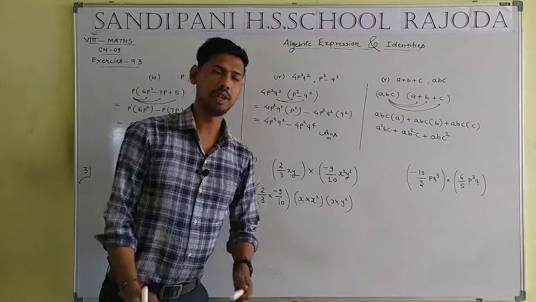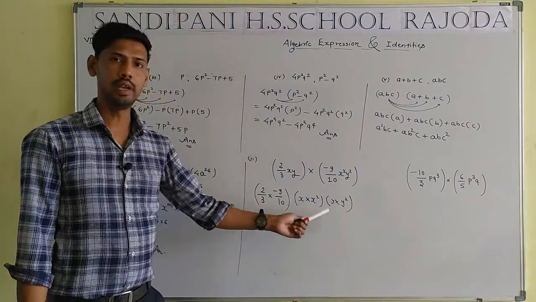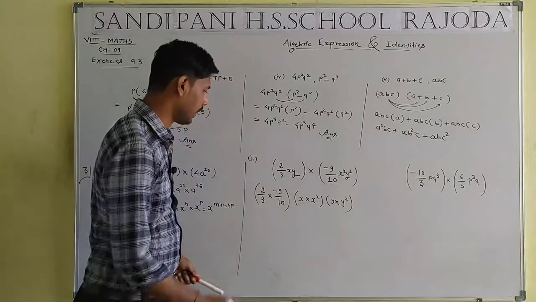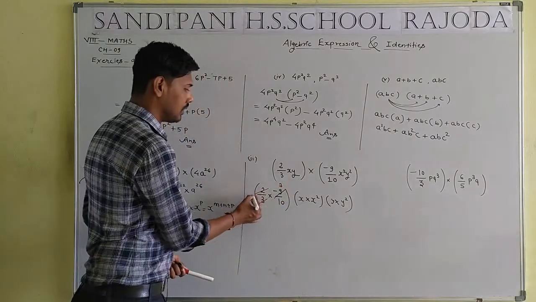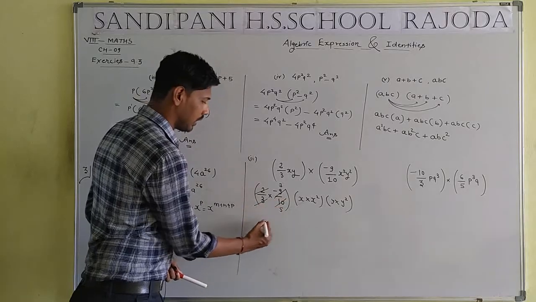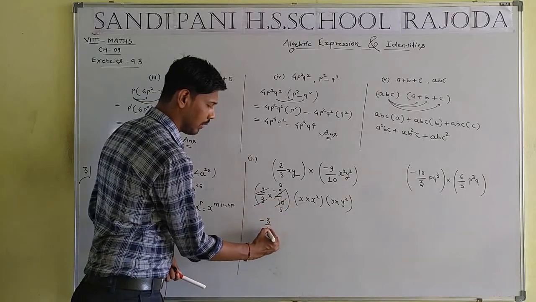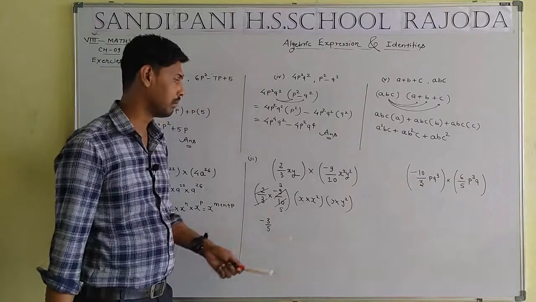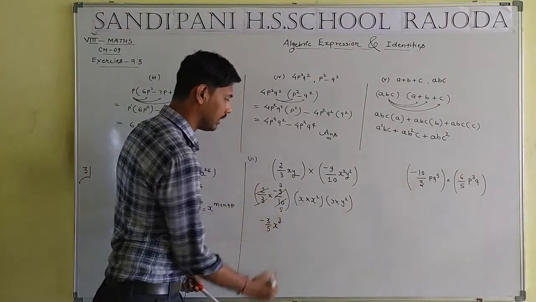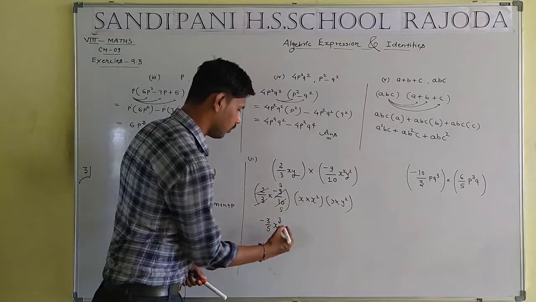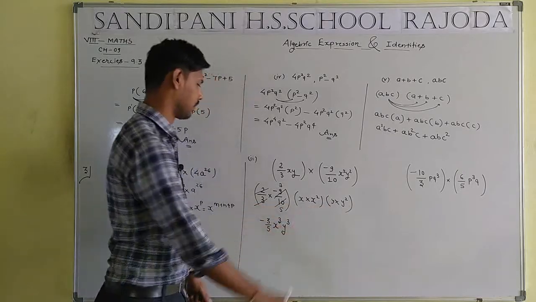Okay student, we select number with the number, x with the x and y with the y. So 3 1 ja 3 and 3 3 ja 9, 2 1 ja 2, 2 5 ja 10. So we get the minus 3 by 5, x to the power 2 and 1 become x to the power 3, and y to the power 1 and 2 become y to the power 3.